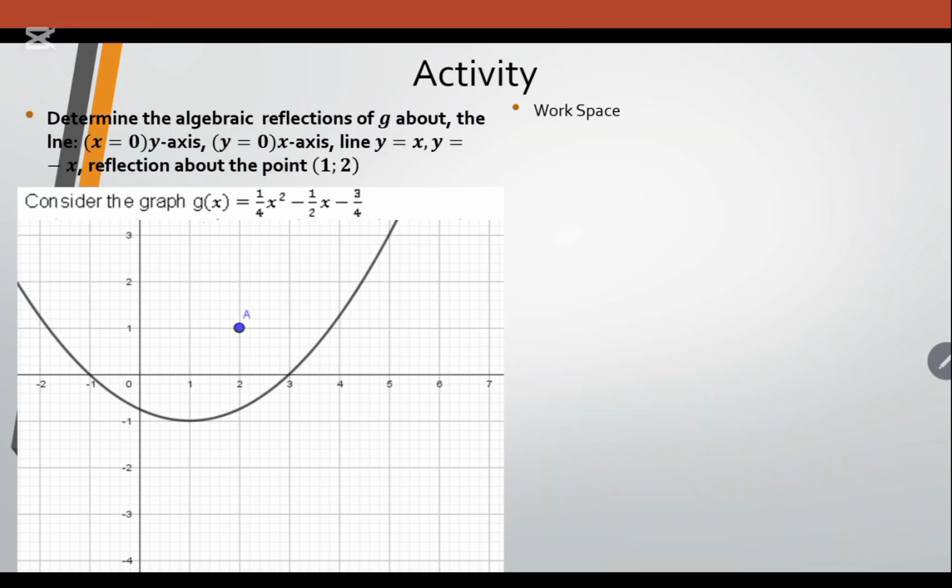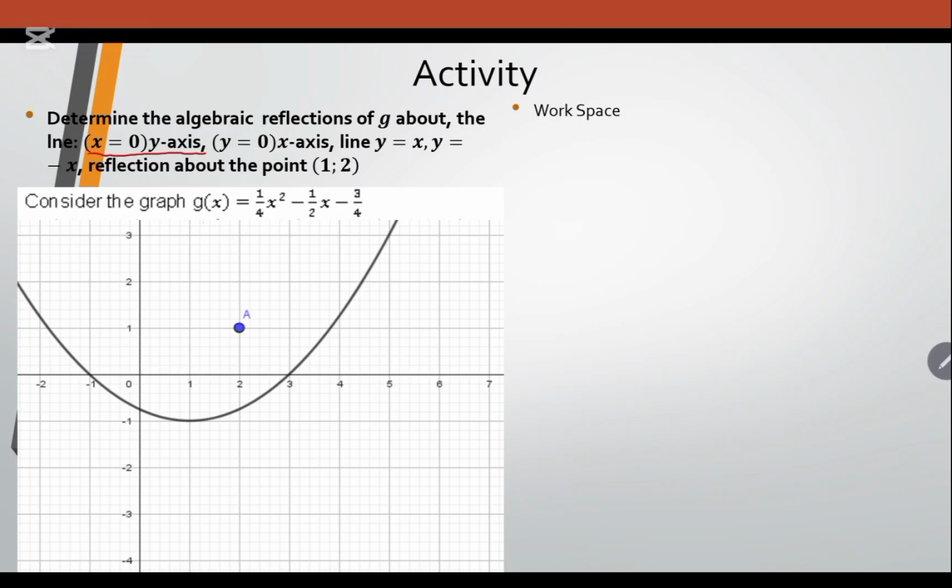So we're given a quadratic function g of x is equal to 1 over 4 x squared minus 1 over 2 x minus 3 over 4. We need to determine the algebraic reflections of this graph by the following reflection rules. The first one, they say, reflect this graph about the line x is equal to 0, or about the y-axis.